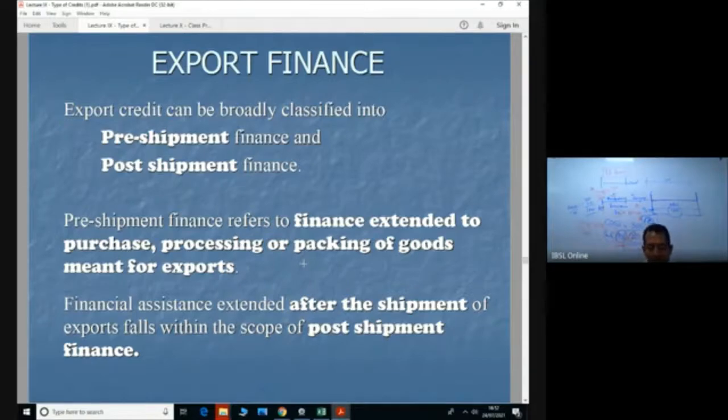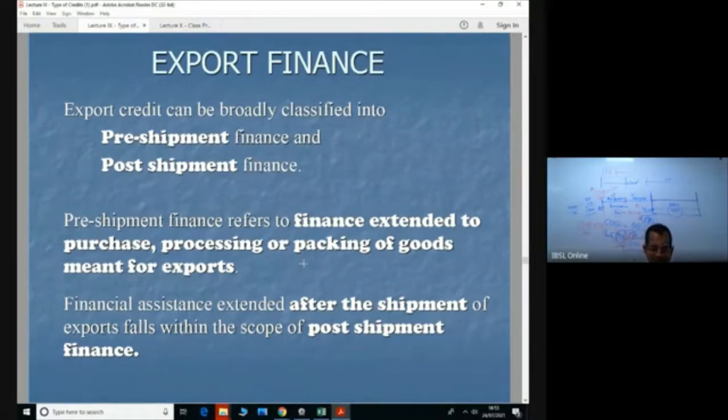The funding given for that purchasing, processing and packing part is called packing credit facilities, right? Normally we give the direct cost to the customers under packing credit. That means cost of goods sold, that amount we are giving, right?